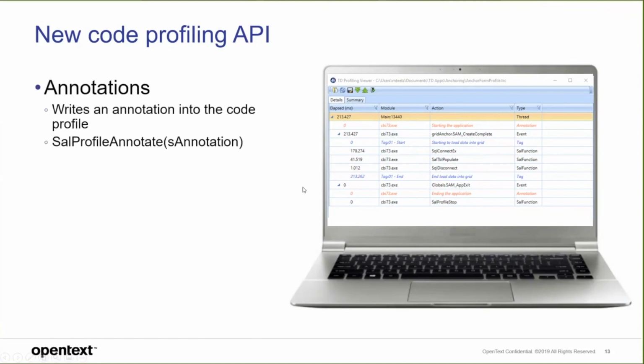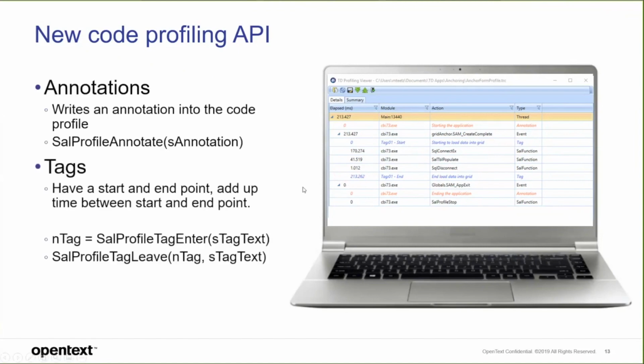Now look at the methods and functions that we have provided here. One is really the first, annotate, and you just provide a string, which is the annotation, and that goes into the profile file. With the tags, you have a start and an end point, and the time is added up between the start and end point.